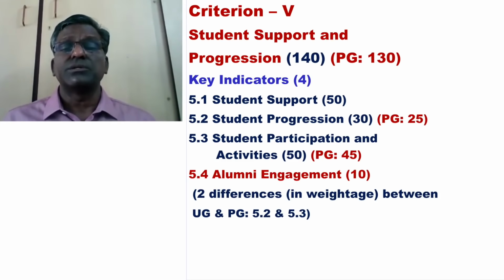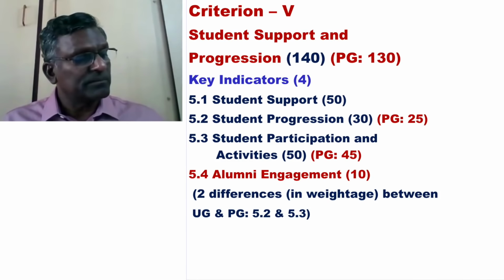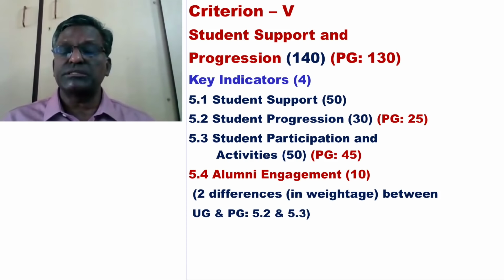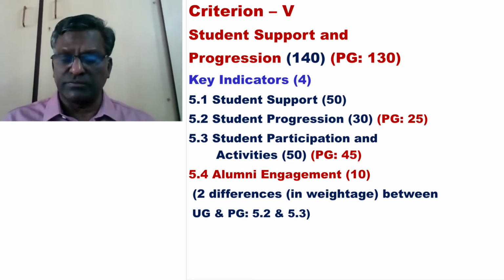Criterion 5, student support and progression. There are 5 key indicators. 5.1, student support, the weightage is 50. 5.2, student progression. In the case of UG, it is 30. In the case of PG, it is 25. 5.3, student participation and activities. Once again, there is a minor difference between UG and PG institutions.